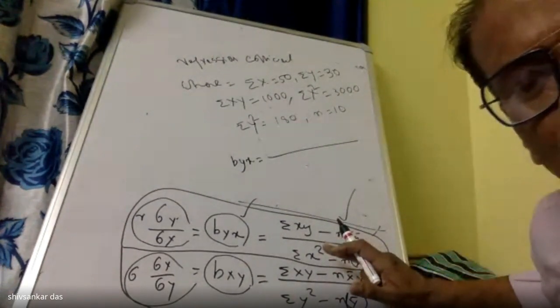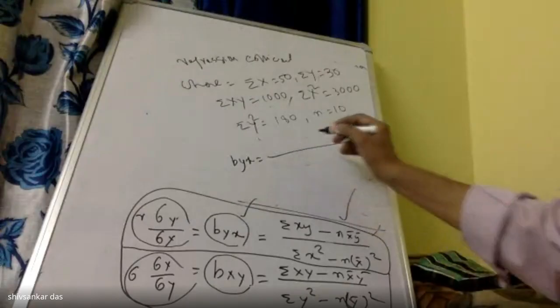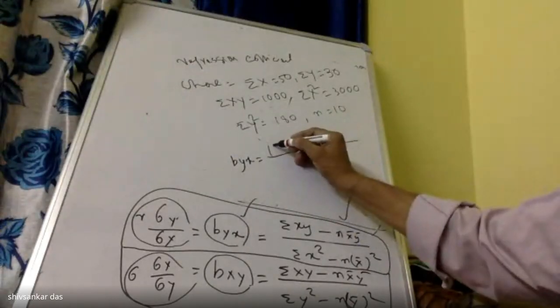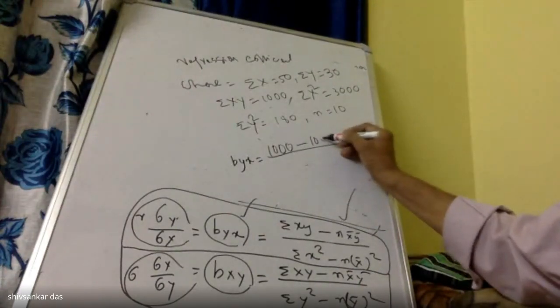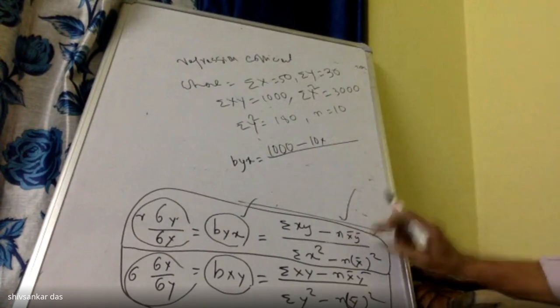Are you able to see the formula? Summation of xy is 1000, minus n, which is 10, into x bar and y bar.